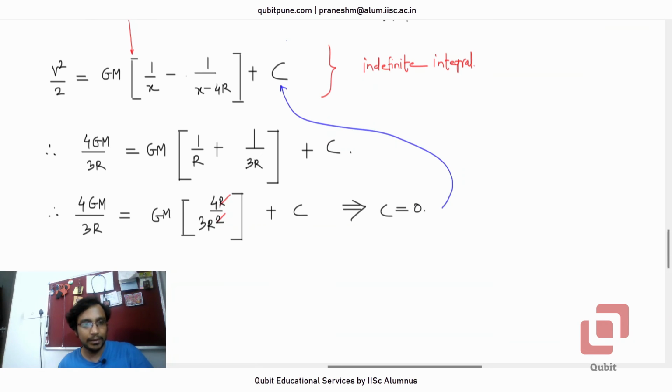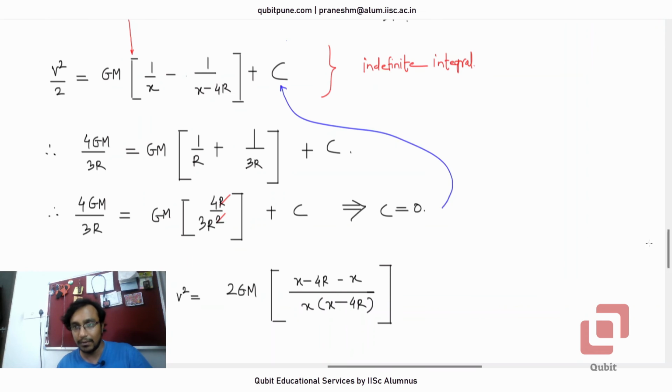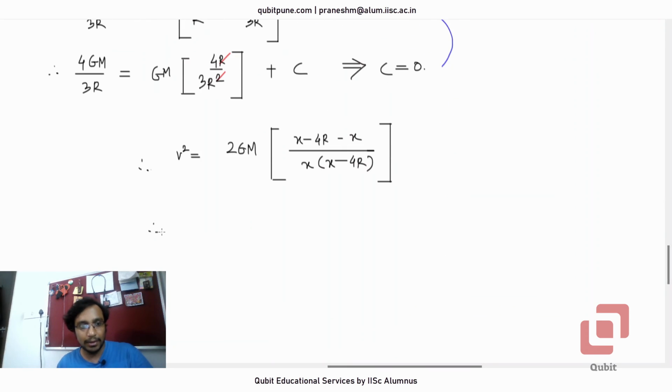So v squared by 2, or v squared, is equal to 2GM into (x minus 4r minus x) upon x into (x minus 4r), take LCM. That's it, because C is 0 now. Now how much will v be? Observe, x and negative x will get cancelled.